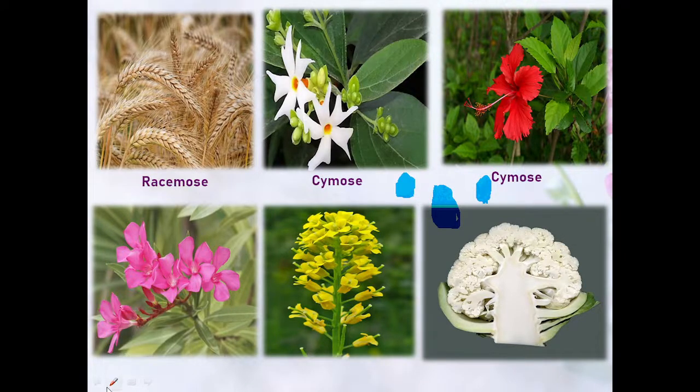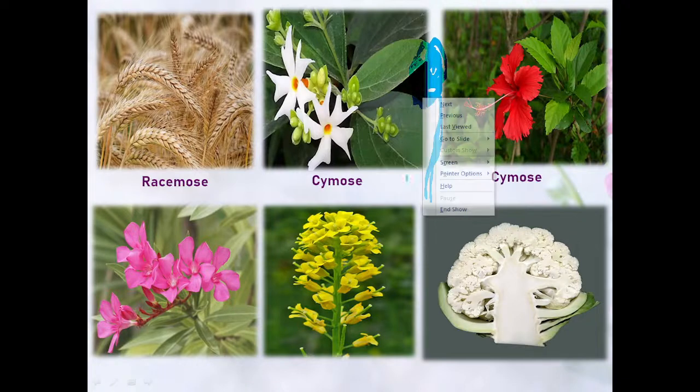What is the difference? The axis. Here the flower has already grown. Again from here the new flowers are going to grow. The thing is the same.